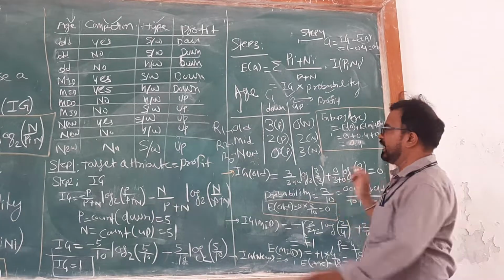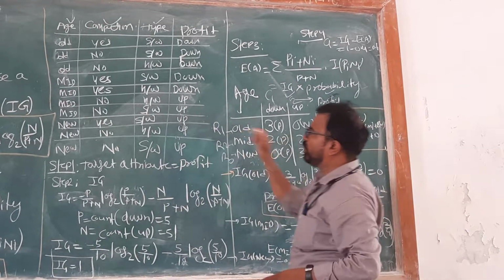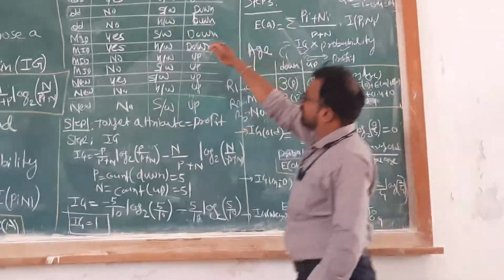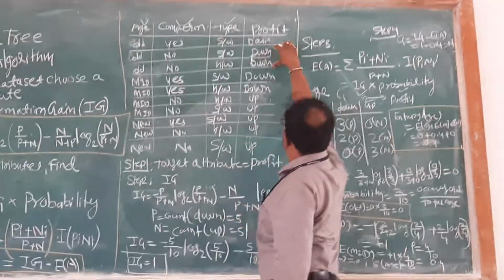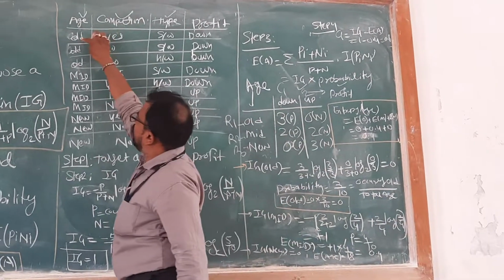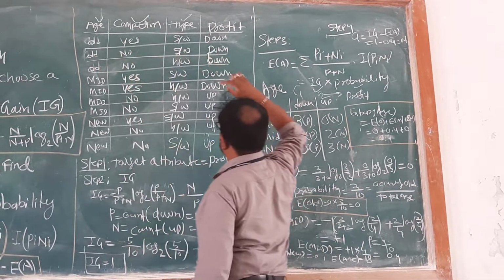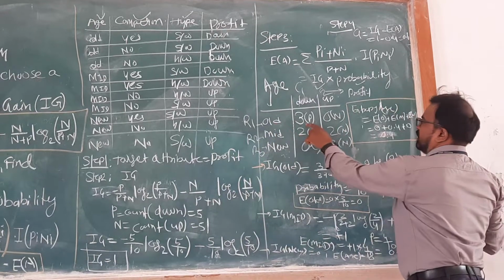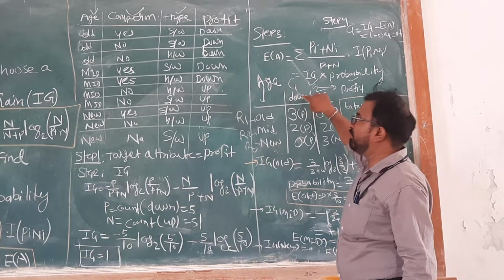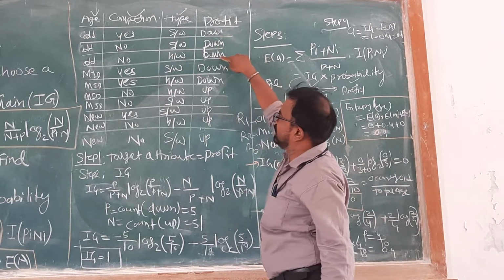Suppose you are going for old and down, how many counts are there? Old: 1, 2, 3. And for these 3 old, how many downs do you have? 1, 2, 3.